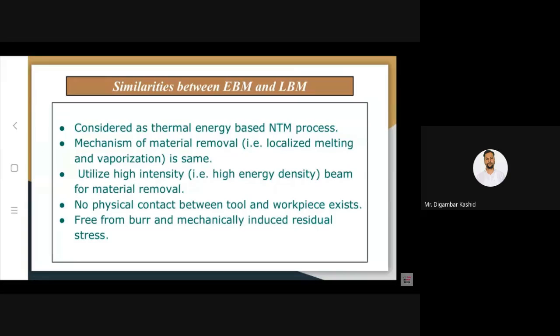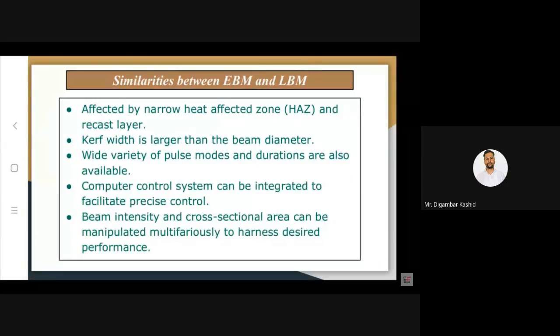So these are some similarities. Let us discuss more. For both processes, there is a heat affected zone, okay, and recast layer also. And for both processes, the kerf width, that is actual width of the machined feature, is larger than the beam diameter.